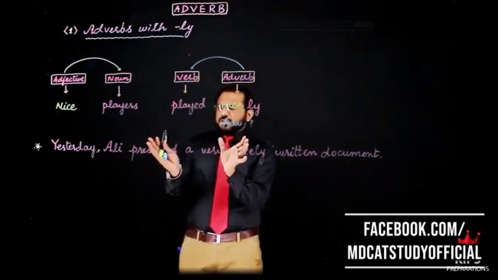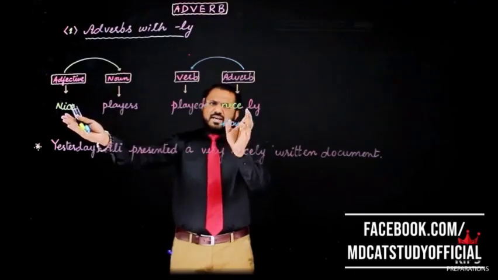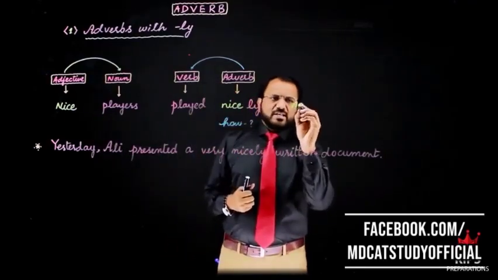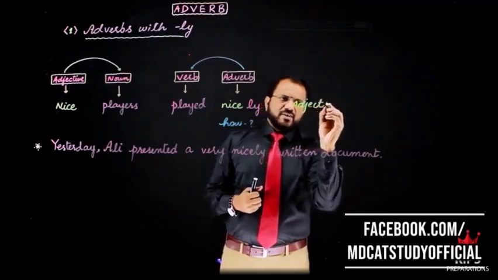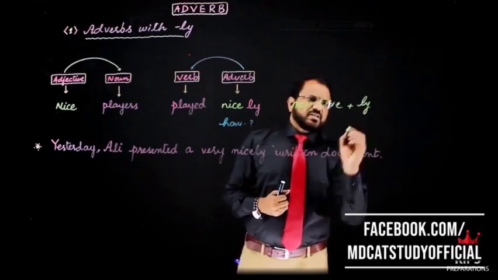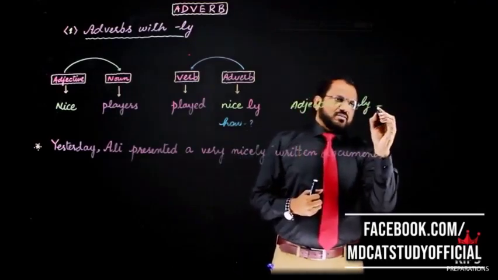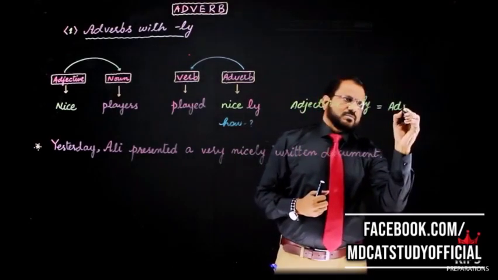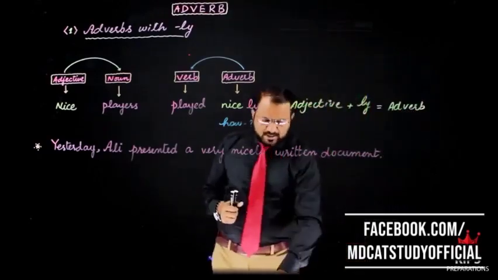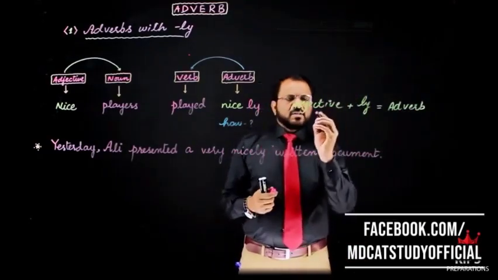If you look at the formation of this adjective and adverb, we come to know that if we add ly to an adjective, we get an adverb. For example, we had the word nice.